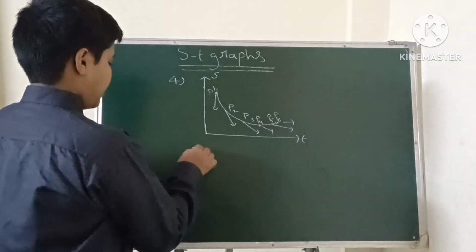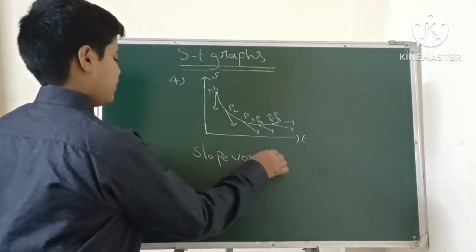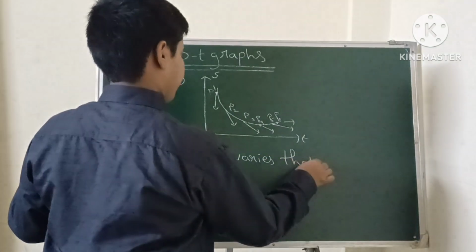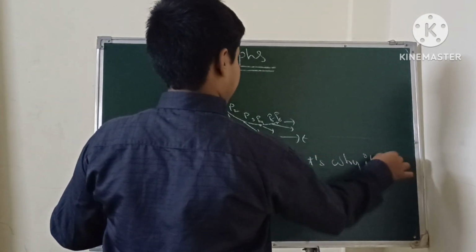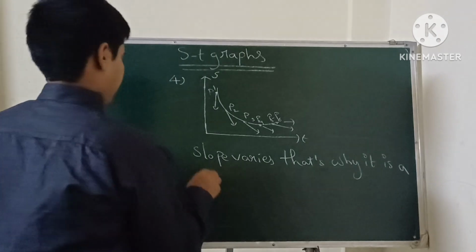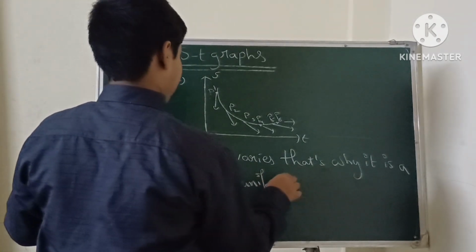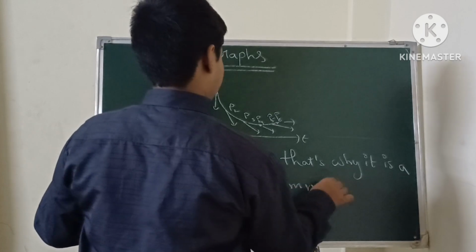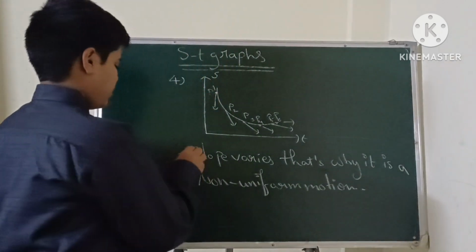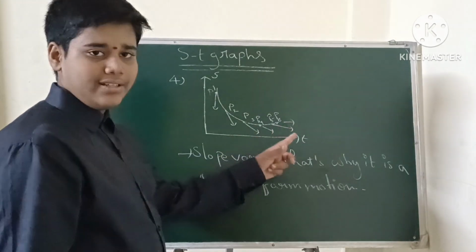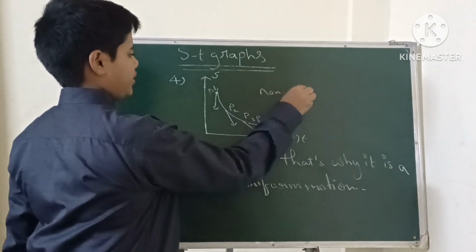So in this graph, the slope varies. That's why it is a non-uniform motion.